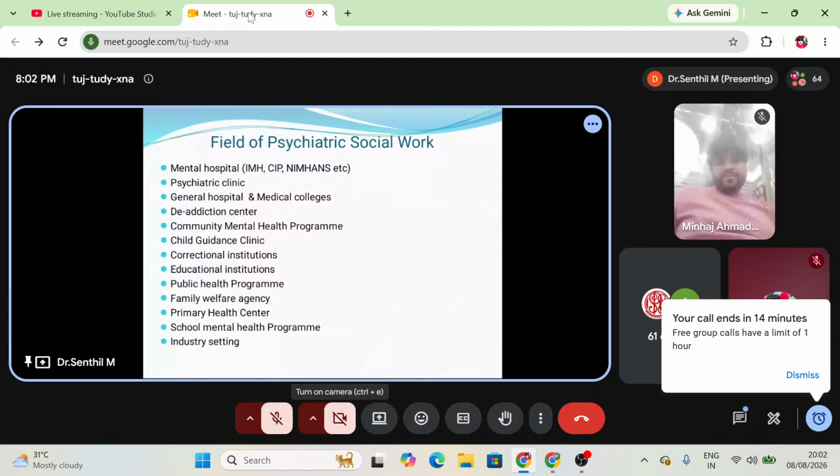A psychiatric social worker can work in the department of general hospitals and medical colleges where there is a department of psychiatry. The psychiatric social worker can work in de-addiction centers, community mental health programs, child guidance clinics, correctional settings, and so on. You can see there are various scopes where the psychiatric social worker can work.